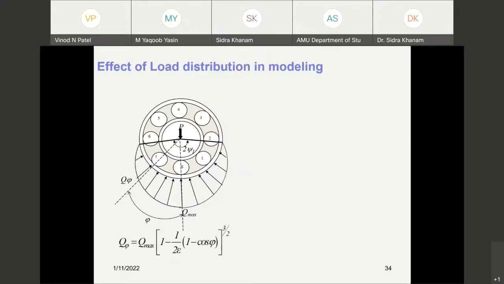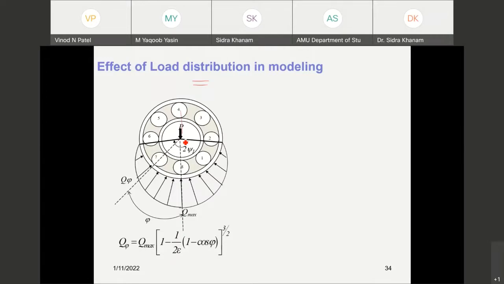Same way, as I said, in the last model the amplitude was not considered. But in actual condition, if you consider an actual bearing, the impulses have different amplitudes because the load distribution of the bearing is different.